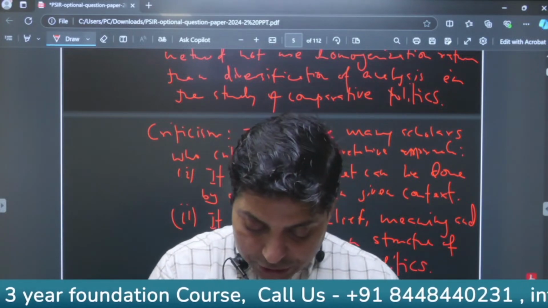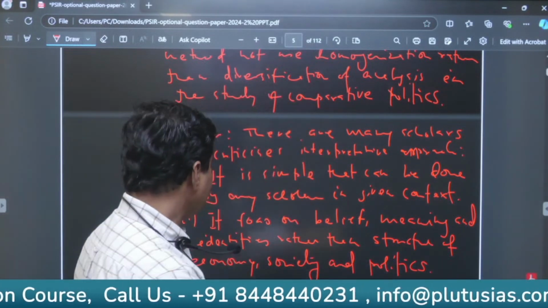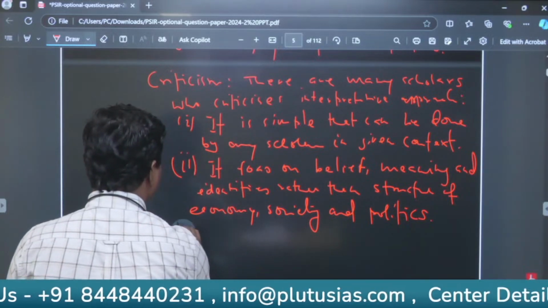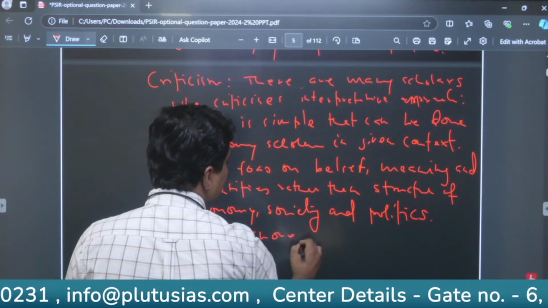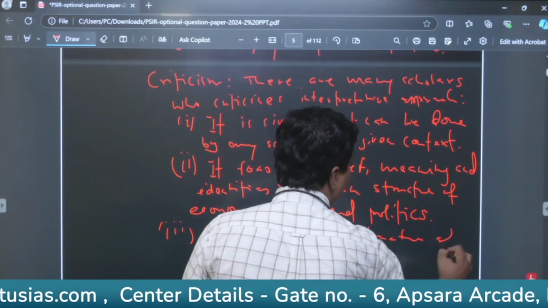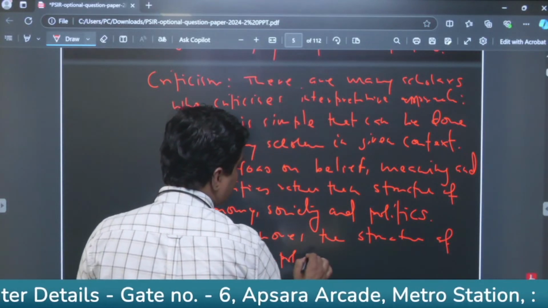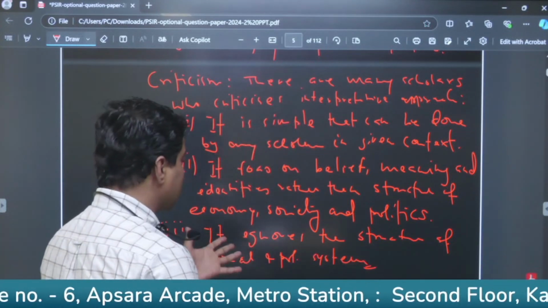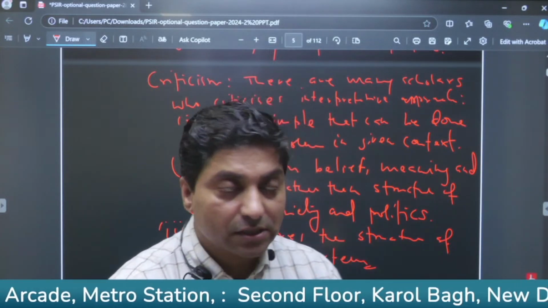Right? Now it ignores the social structure, the structure of the social and political system. Those are the criticisms leveled against the interpretive approach in comparative politics.